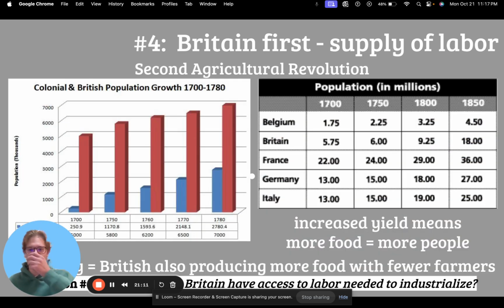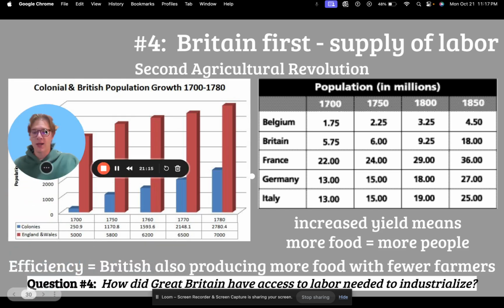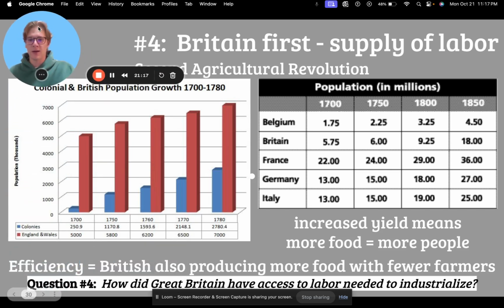So as we move forward, we have yields. Yields at this time had increased. And this idea of a yield means how much crops it produces, right? So if you see down at the bottom, it says increased yield means more food, which equals more people.